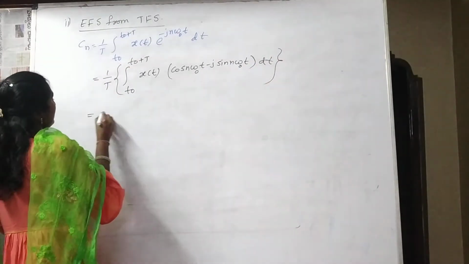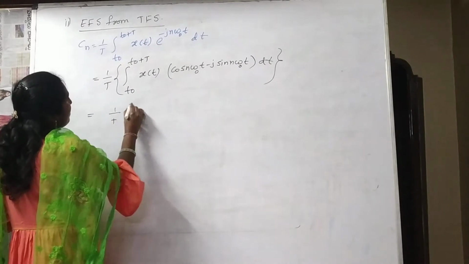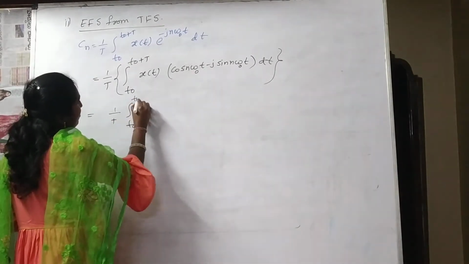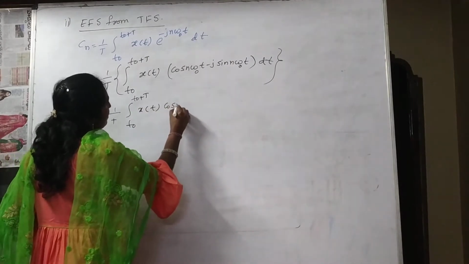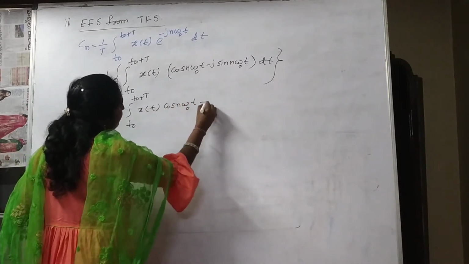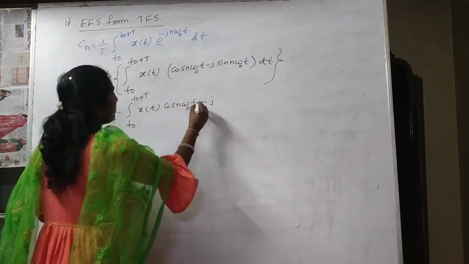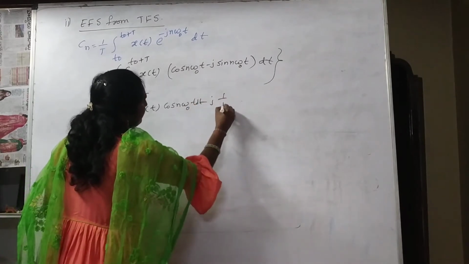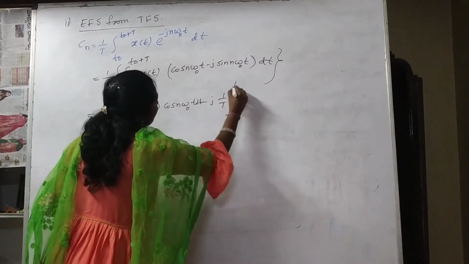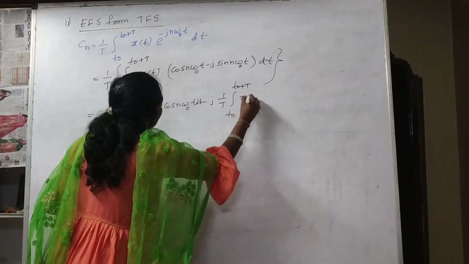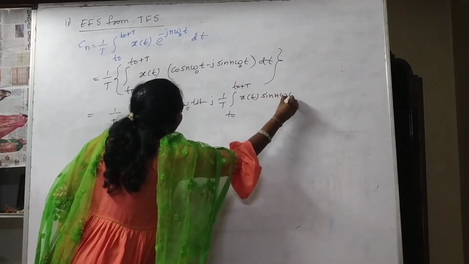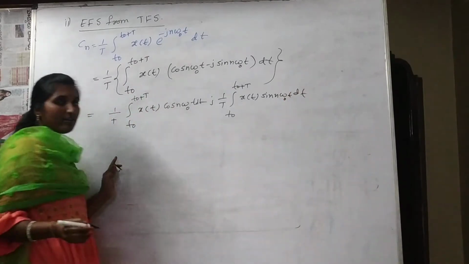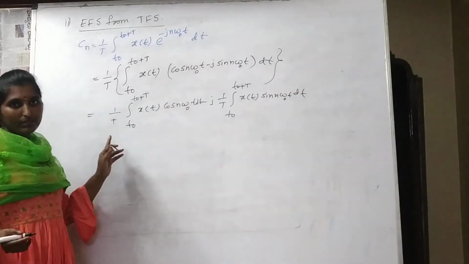Now expand the integration: 1 by T integral over t0 to t0 plus T of x of t cos n omega naught t dt, minus j times 1 by T integral over t0 to t0 plus T of x of t sin n omega naught t dt. Simply I have expanded the integration along with the 1 by T.